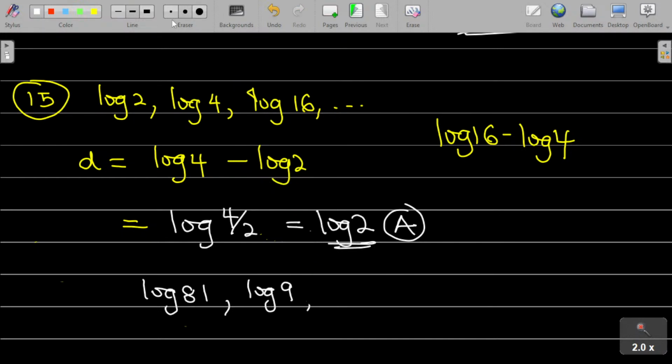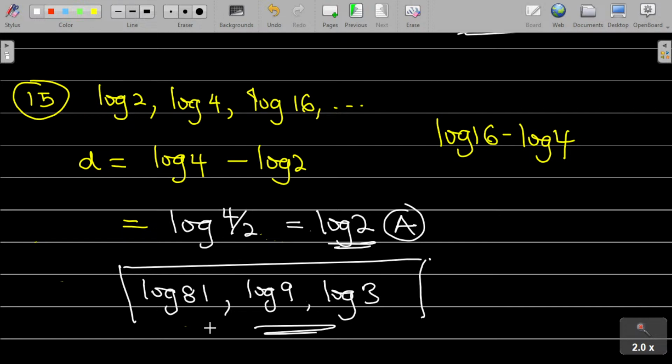That's the last one. I'm going to leave it for you to do as your own exercise. I believe you have done it. Okay, so the answer is not 2, it's actually log 2. The answer for that number 15 is log 2, not 2. Okay, so I'm going to allow you to do this one by yourself.